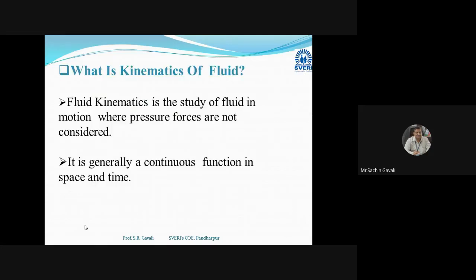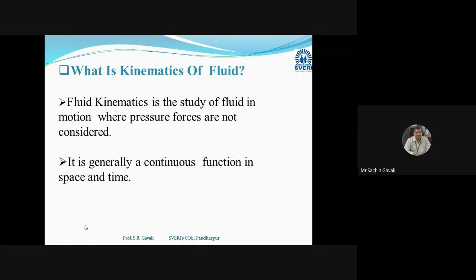Fluid kinematics is a branch of fluid mechanics which deals with the study of the motion of the fluid, where forces are not considered. The cause for any kind of motion is force, and in fluid kinematics, we are not going to consider the forces responsible for the motion.